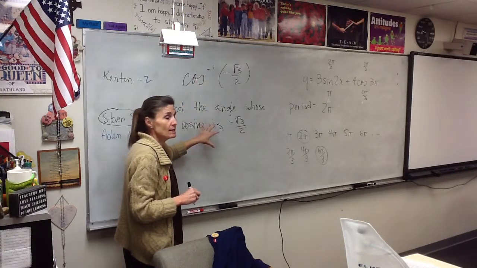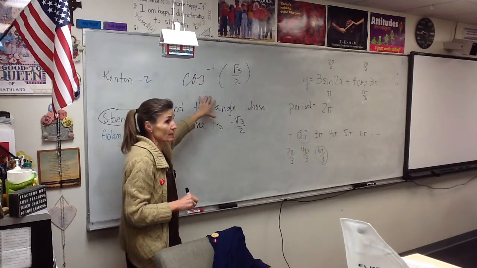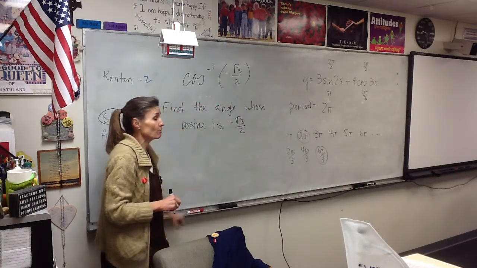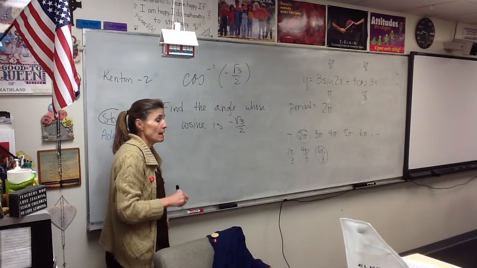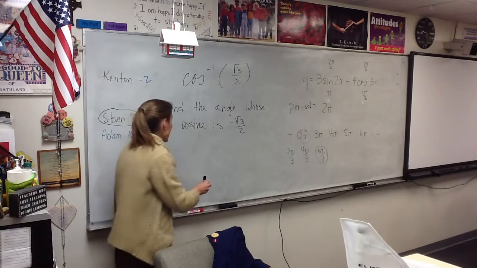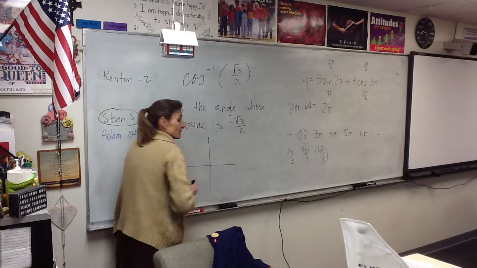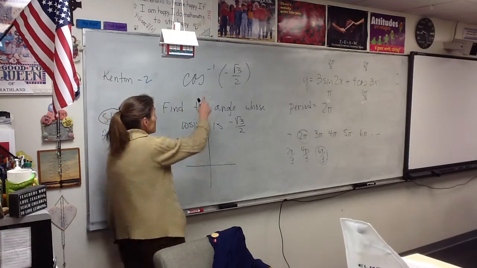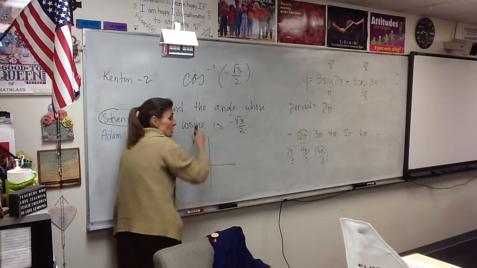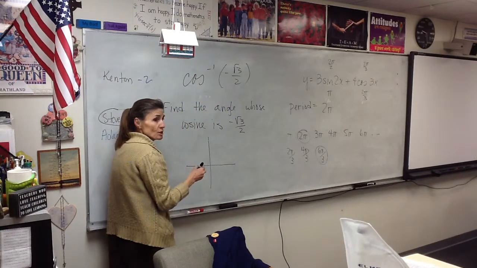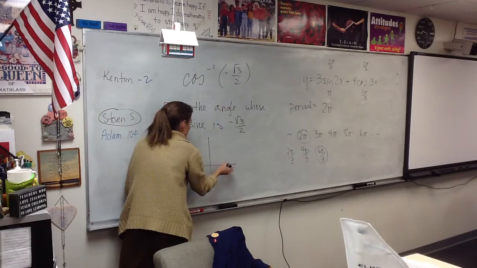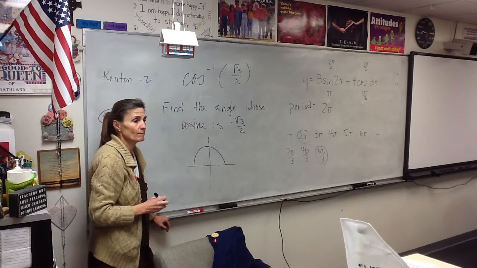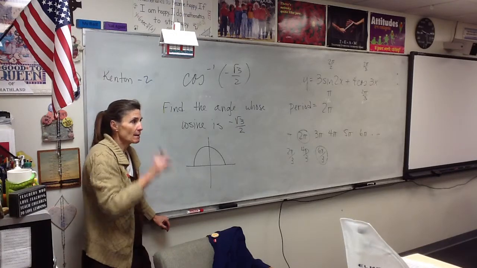An angle. Now I'm going to do this without a calculator. I'm going to find the angle whose cosine is negative root 3 over 2. In order to do that, I have to draw a picture. Where will I draw my picture? Remember, this function is only defined on the top half of the circle. I memorized it.